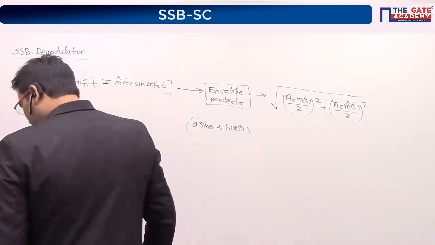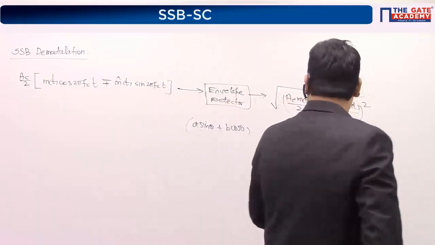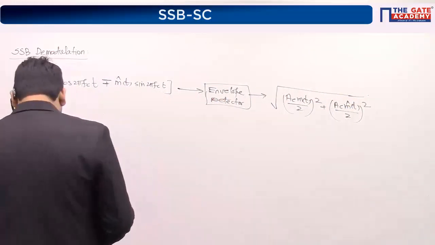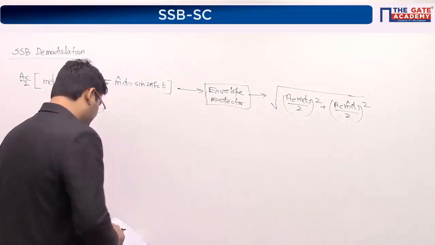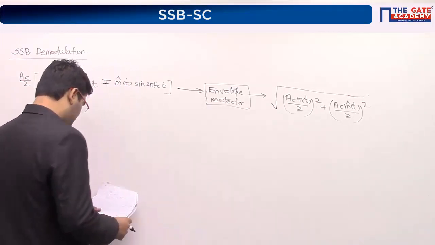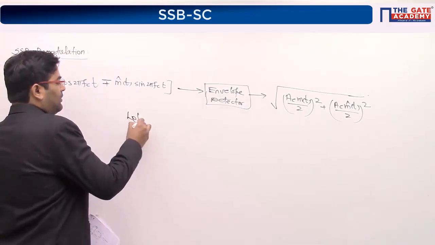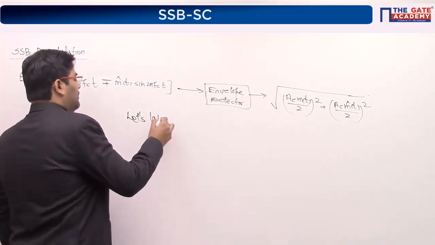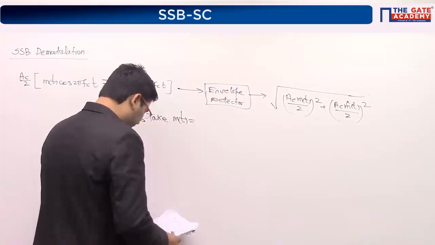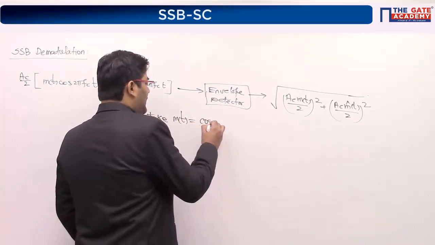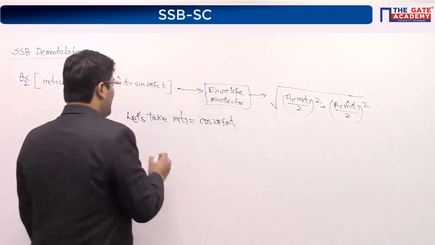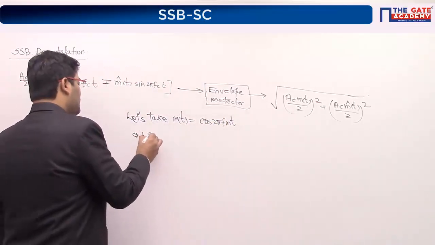Now what I'm going to do, I'm going to take m(t) equal to cos 2 pi fm t. So the output of the envelope detector will look like this.